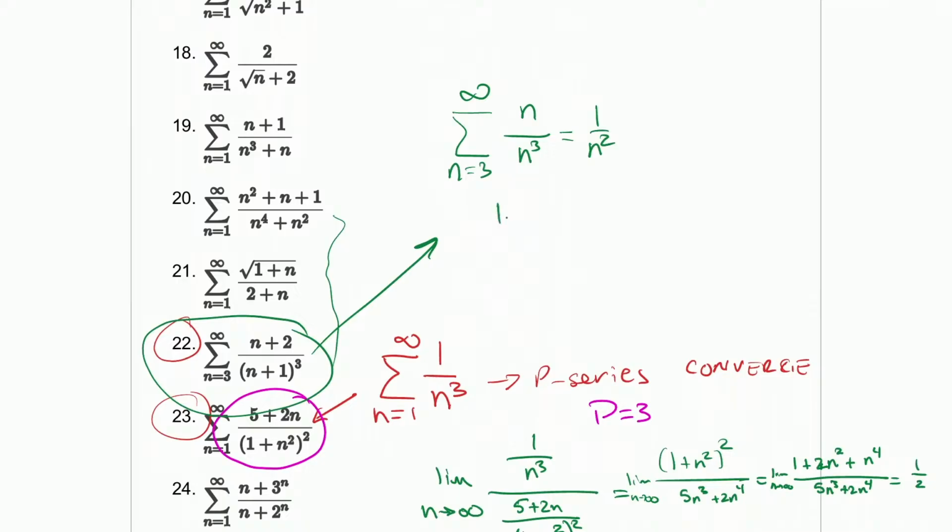So let's do a limit. This one we know converges because it's a p series. So we're going to do the limit as n approaches infinity of 1 over n squared over n plus 2 over n plus 1 cubed. Let me just do this relatively quickly.